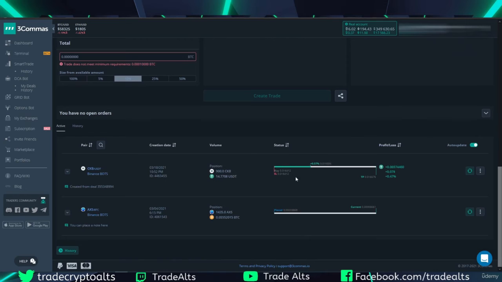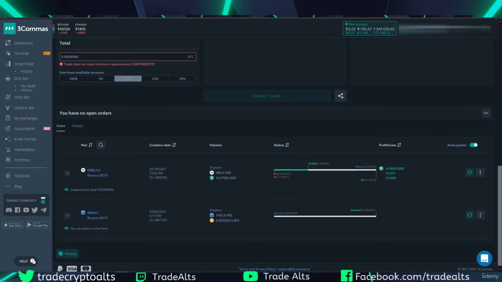Now, if you look at this deal, this was the CKB bot that I brought over to Smart Trade. You're up 0.5%. Your stop loss, this red line with the letters SL, is exactly where your entry is. And now you're allowing your bot to do one of 2 things.